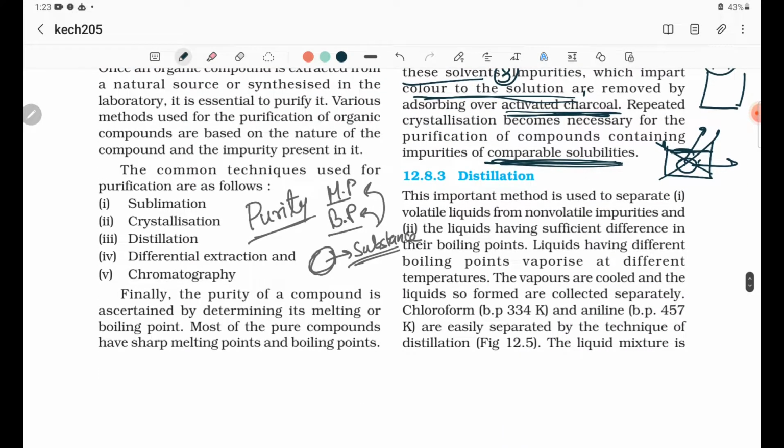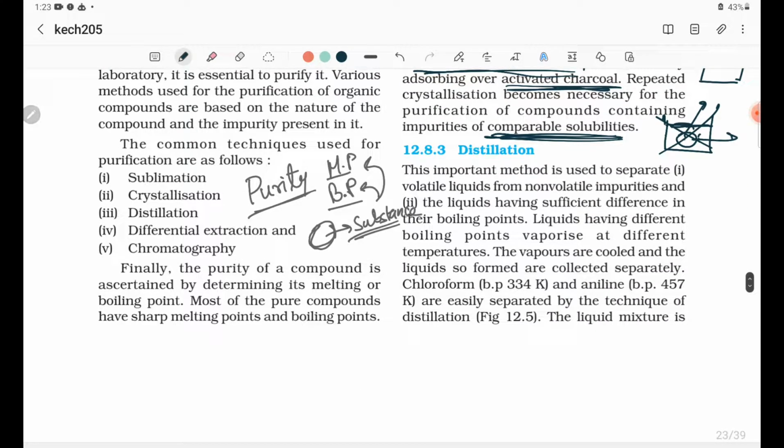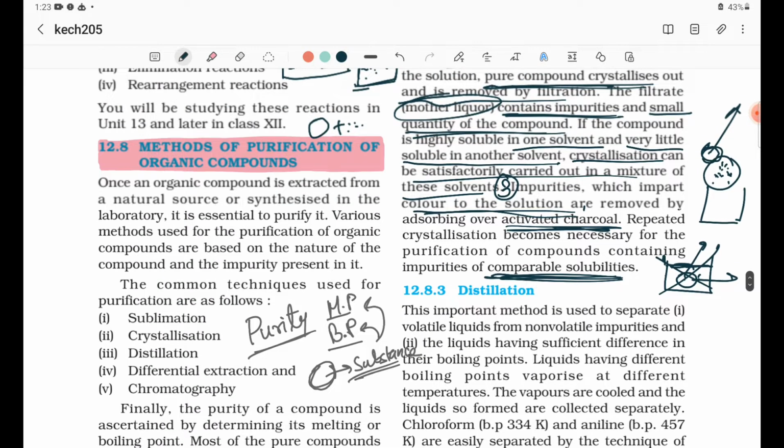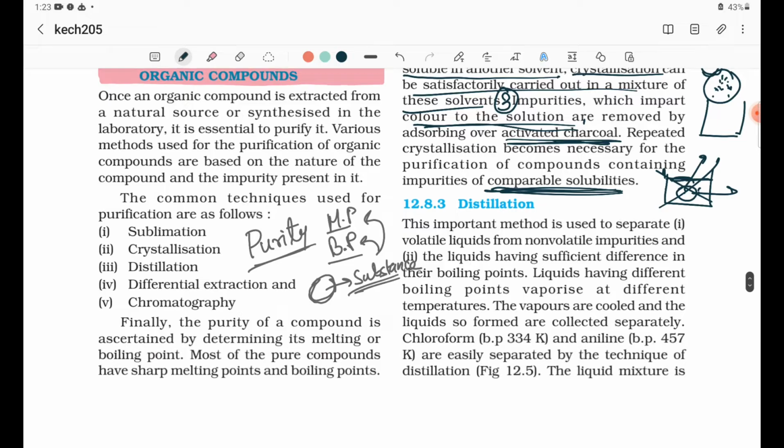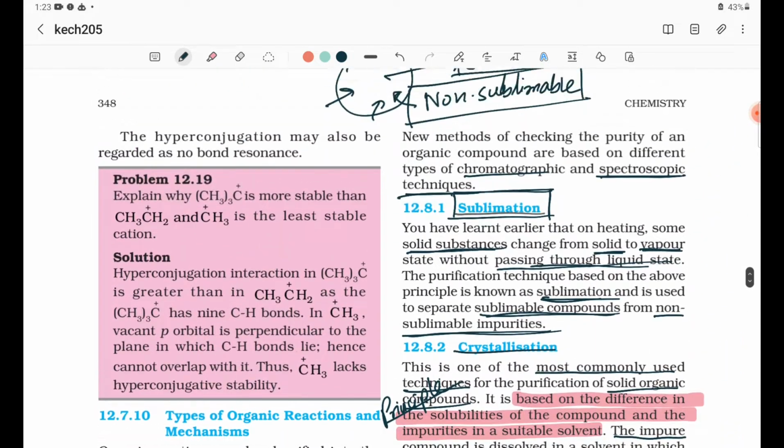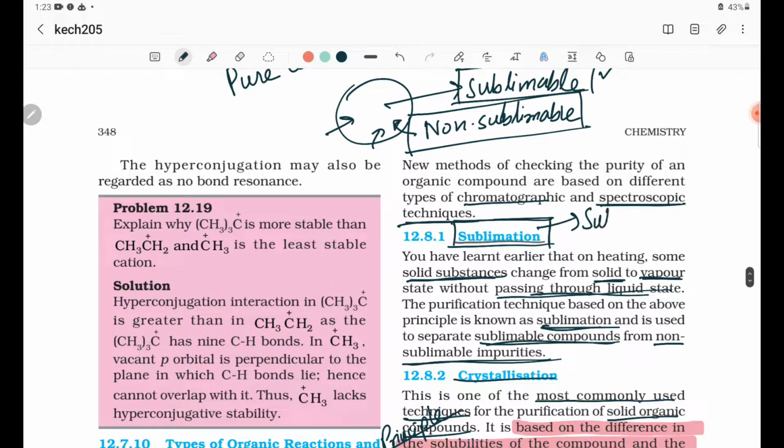Now, another method is distillation. This is an important method used for separation. See, first one, we are applying for sublimable organic compounds.